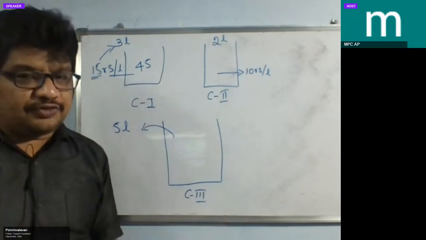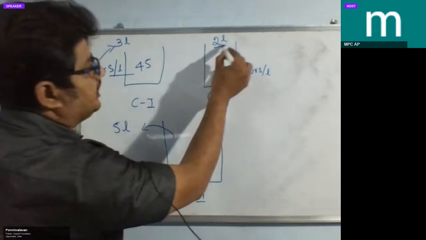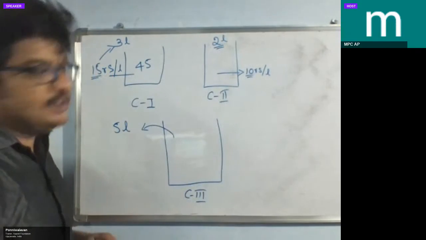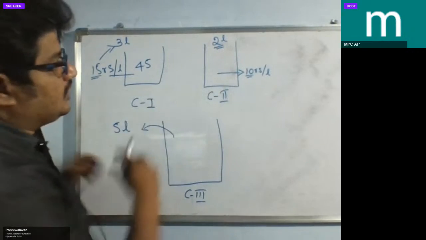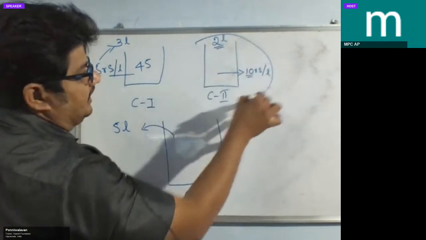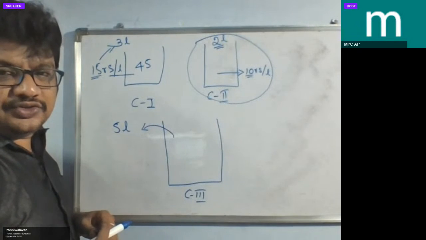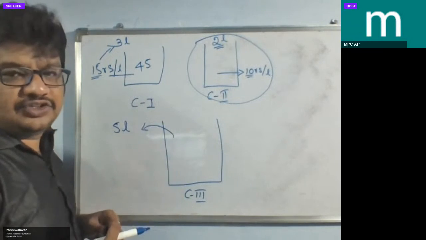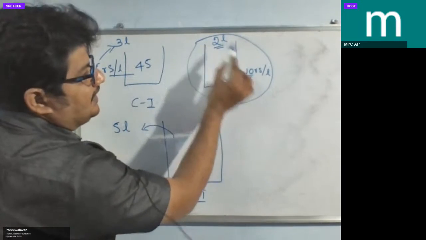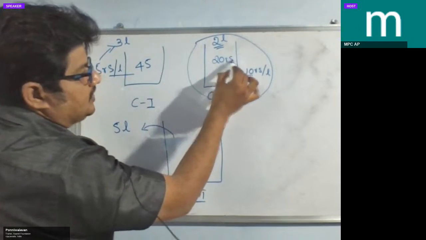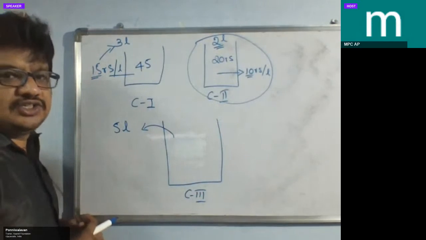Here, 2 liters at 10 rupees per liter is the total worth of this container: 1 liter is 10 rupees, so 2 liters is 20 rupees.